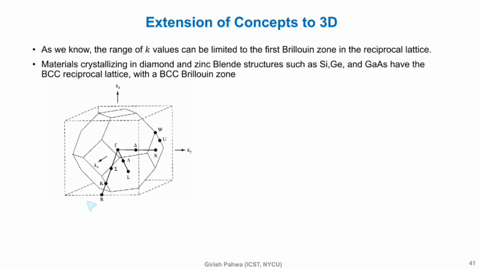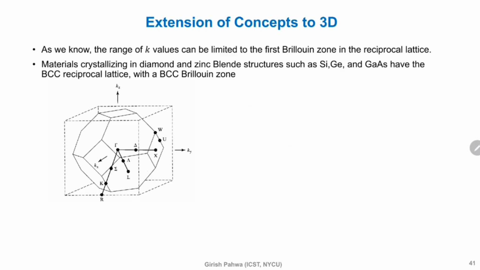But in the case of BCC and FCC, you can go back and check your notes. It becomes 4 pi by A, where A is the original unit cell dimension in the direct lattice. Now you have this 4 pi by A here.